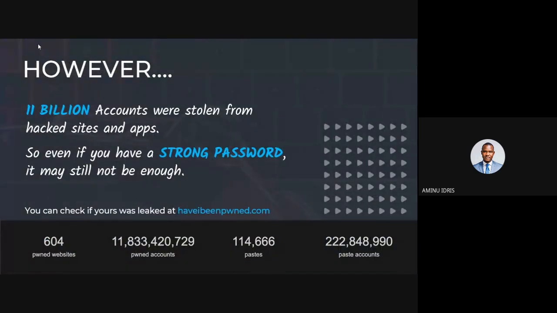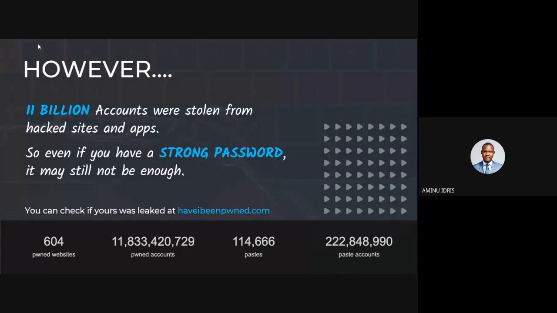Like I said, I have some statistical analysis here. 11 billion accounts were stolen from hacked sites and apps. So even if you have a strong password, it may still not be enough. What normally happens once attackers have access to the database, is that we have three kinds of web. We have the surface web, the deep web, and the dark web.